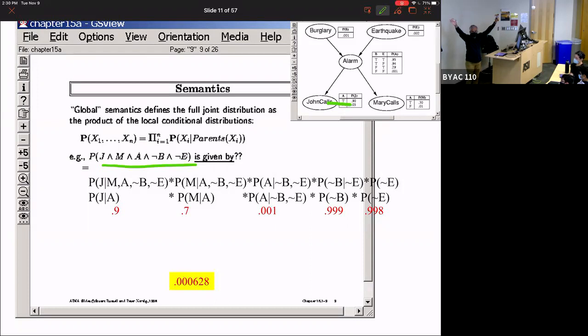Do you guys remember topological sort? Right? If you write it in the inverse topological sort, then the advantage is you will always be asking the conditional probabilities of a variable given its parents and other stuff.